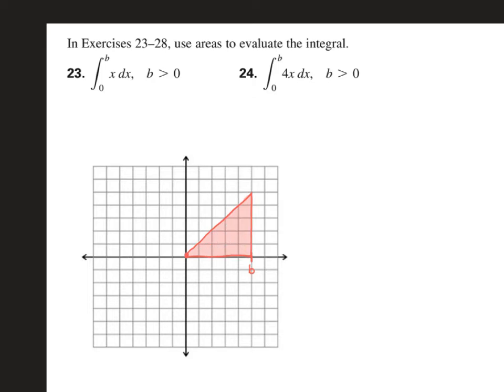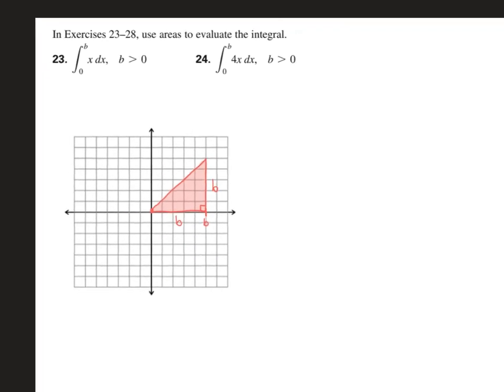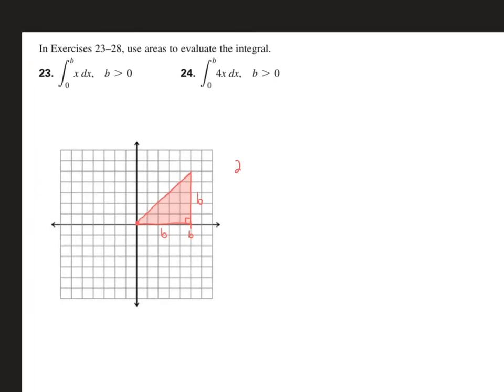Again, don't let it be disorienting. That length is b, and this length is b, and this is a right triangle. So for 23, the area under this curve is just the area of a triangle: half base times height.